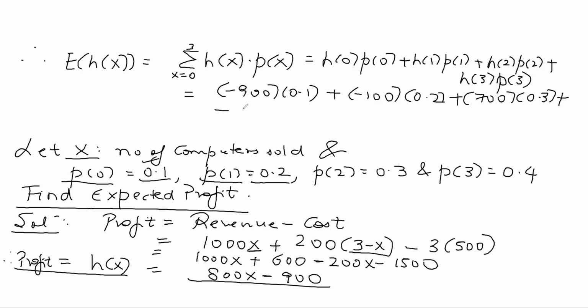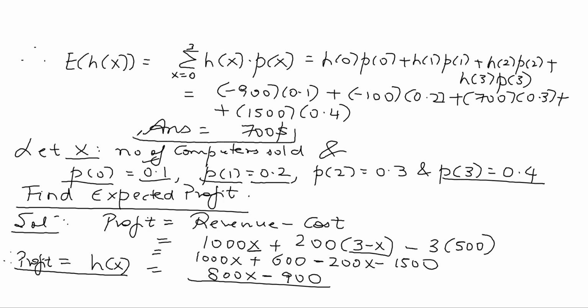So plus 1500 into P of 3 will be 0.4. So using a calculator, please find this and please confirm that it comes out to be $700. It comes out to be $700. That means the computer store will make an average profit of $700.